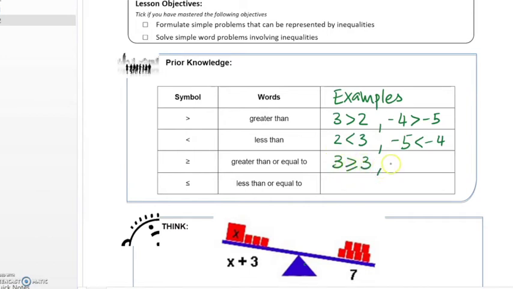This definitely works. And -4 is greater than or equals to -5. 3 also happens to be less than or equals to 3. And -5 is now less than or equals to -4.